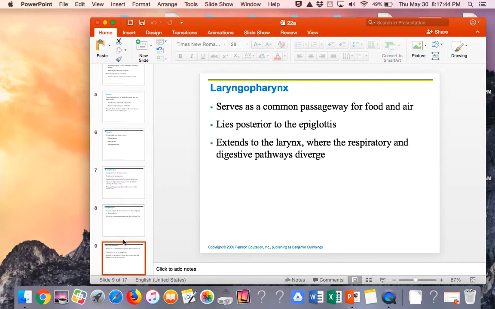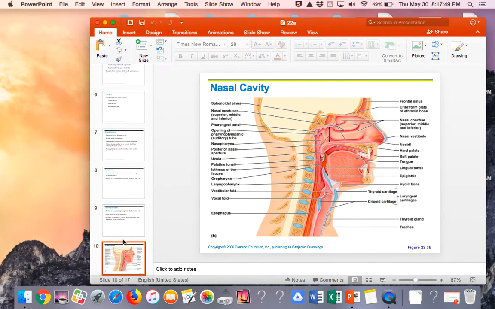After the pharynx, you get to the larynx and the epiglottis. So on the diagram here, the epiglottis is this flap of tissue. It's made of elastic cartilage. E for epiglottis, E for elastic cartilage.